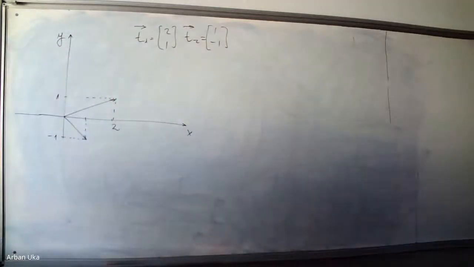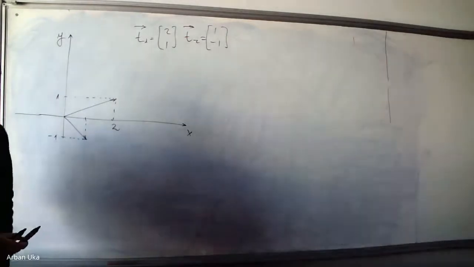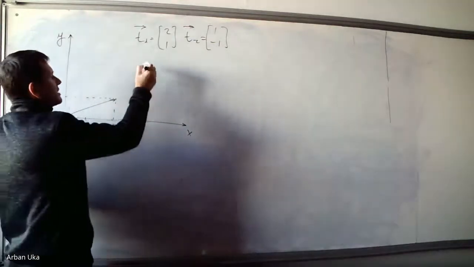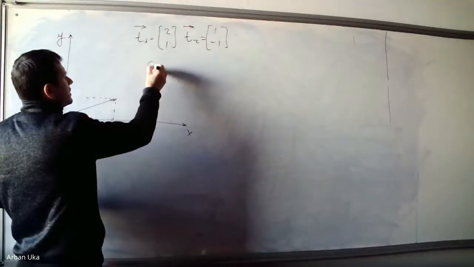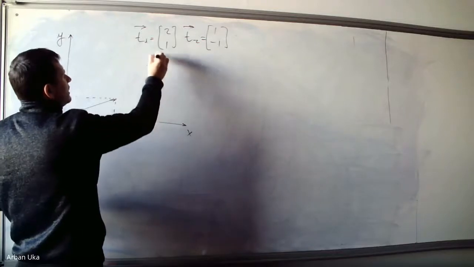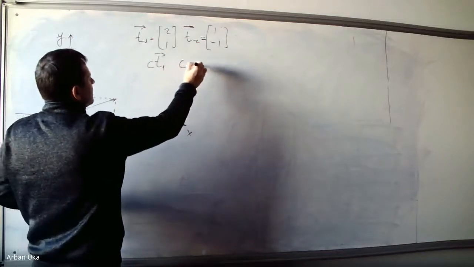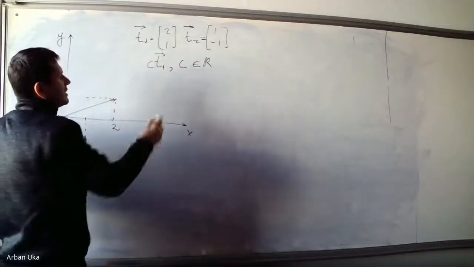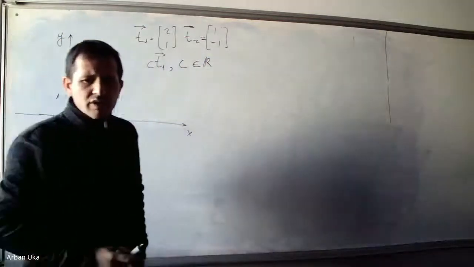Now we can define a union of points that can be written as such. Assume we have C T1, where C is an element of R, which means C is a real number, which can be positive or negative.